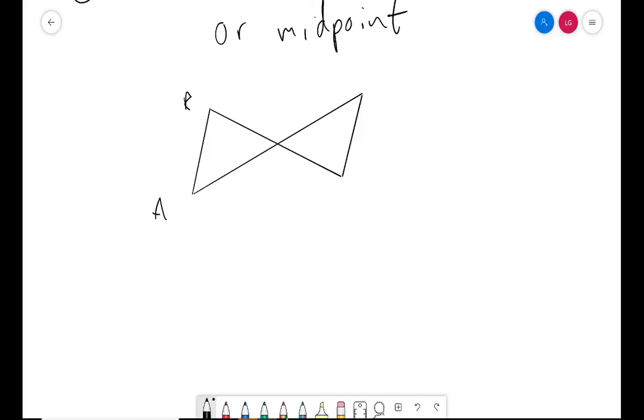A, B, C in the middle, D bottom right, E. So it kind of looks like, I don't know, some kind of bow tie.